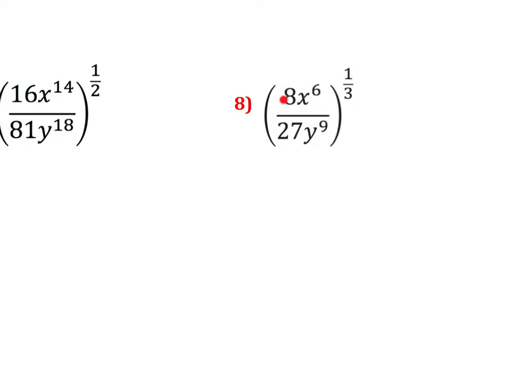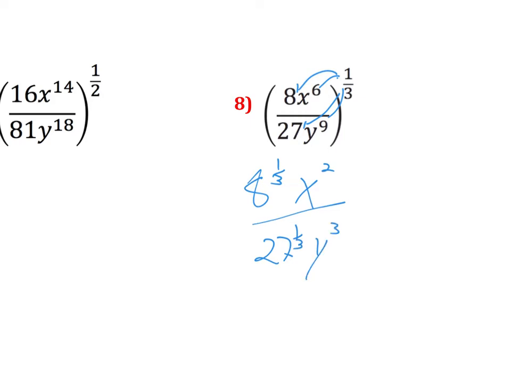So number 8, we have 8 x to the 6 over 27 y to the 9th, all raised to the 1/3 power. There's nothing inside for me to simplify, so I'm going to bring that 1/3 power onto every single exponent inside this parentheses. So 8 to the 1/3, x to the 6 times 1/3 is 2, 27 to the 1/3, and y to the 9 times 1/3 is 3.